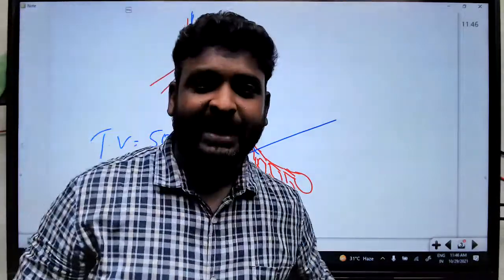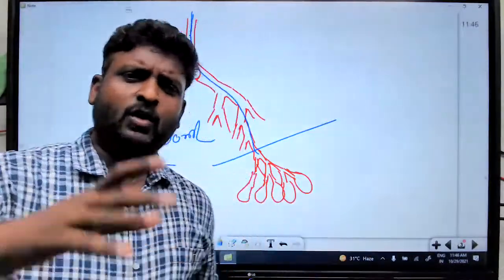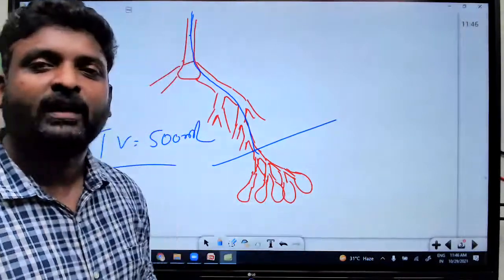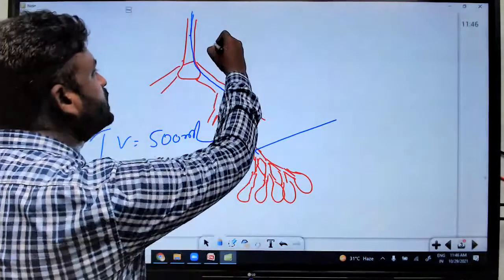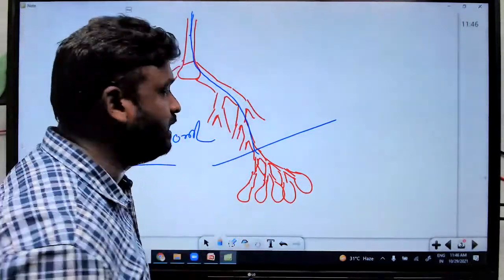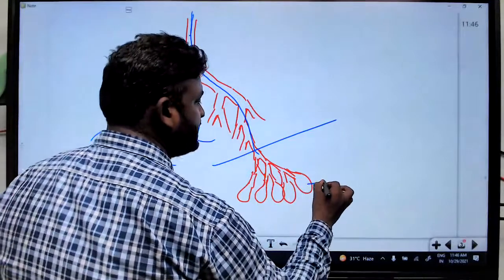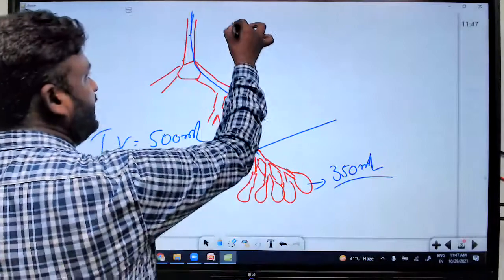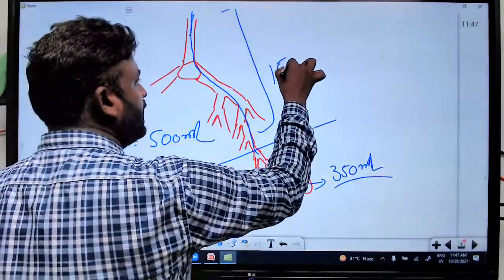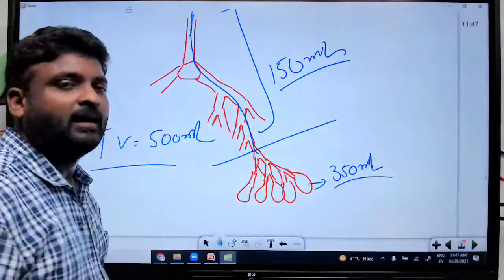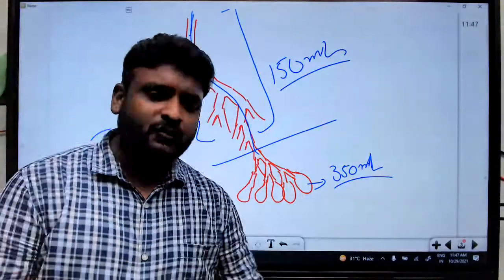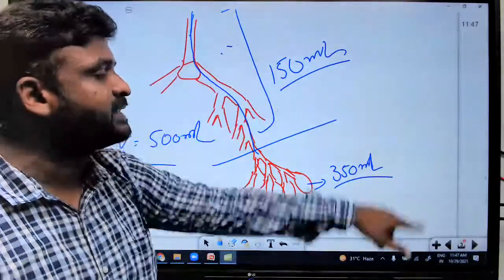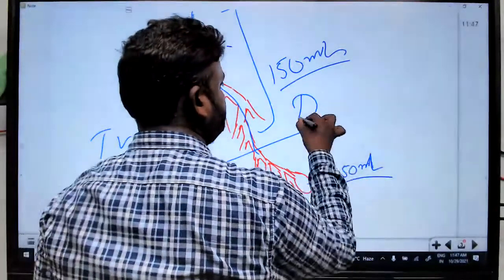You are inhaling 500 ml, but it's not reaching the exchange of gases entirely. Out of 500 ml, only 350 ml reaches the exchange of gases, and the remaining 150 ml stays in the conducting part. The volume of air which is not useful for gas exchange and remains in the conducting part is called dead space volume.